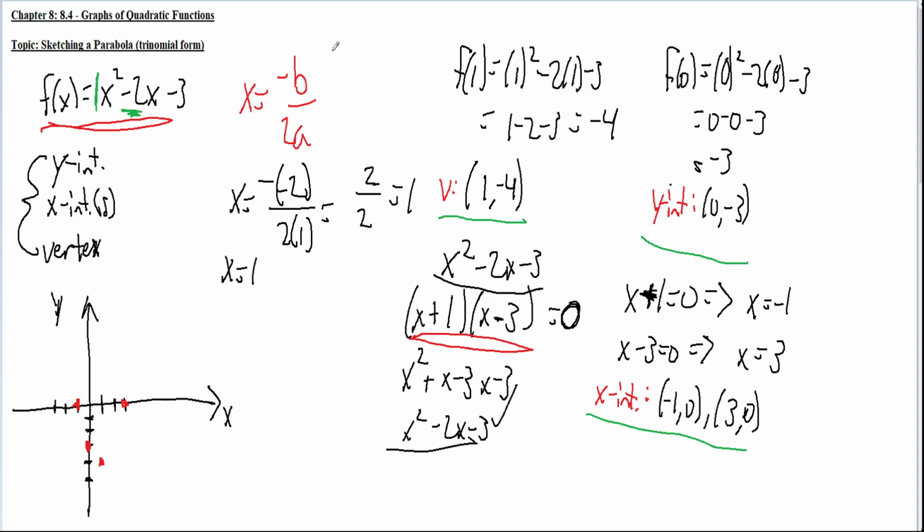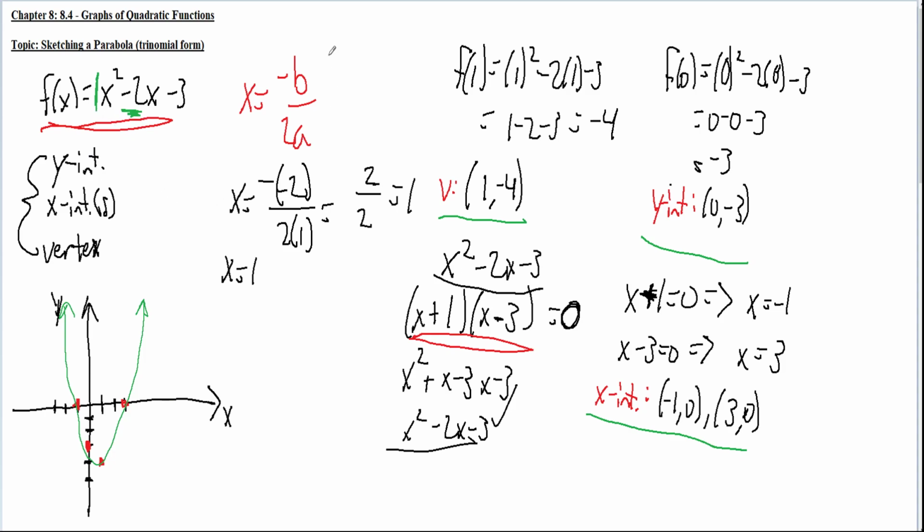So the line will be, maybe I can make this a little thinner, so it'll be something like that, where the line passes through each of these 4 points. Okay, so that's how you go about graphing or sketching a parabola when you're just given the function in trinomial form.